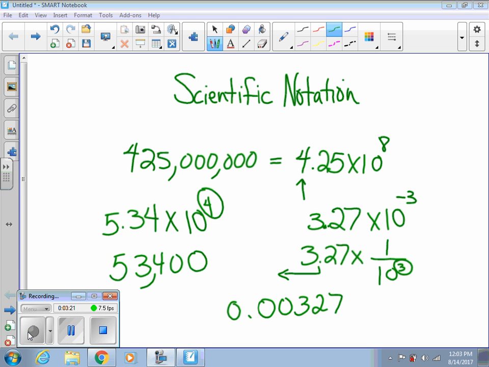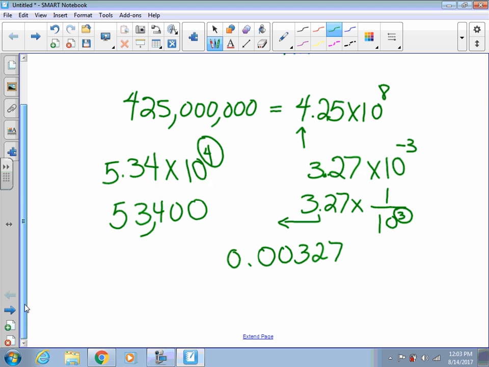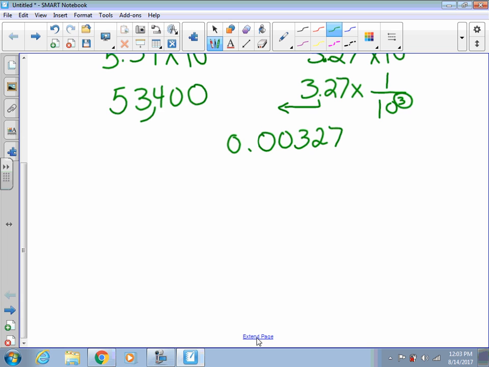All right, so now we're going to go to page 60 in the textbook, and we're going to talk about multiplying, dividing, adding, and subtracting scientific notation. So if we have two numbers, 7.2 times 10 cubed times 1.6 times 10 to the 4th.